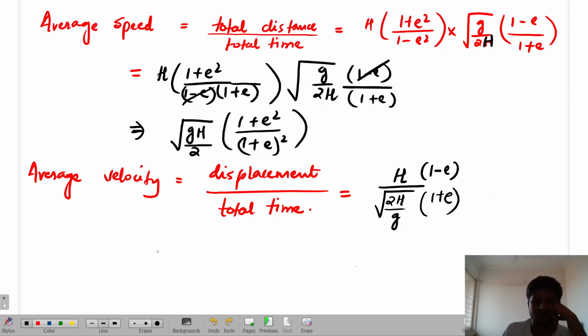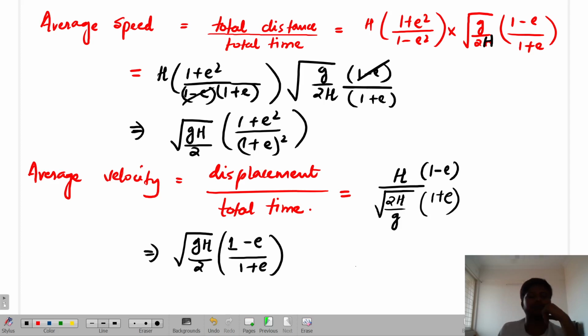So this will become root under gh by 2, 1 minus e divided by 1 plus e. This is my average velocity. Okay. Done.